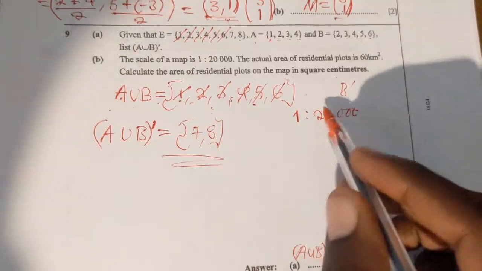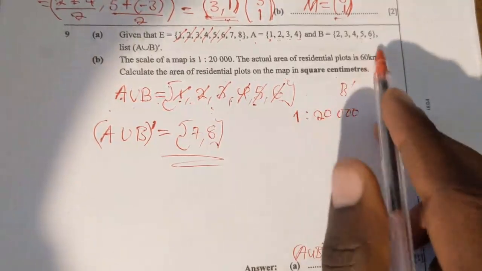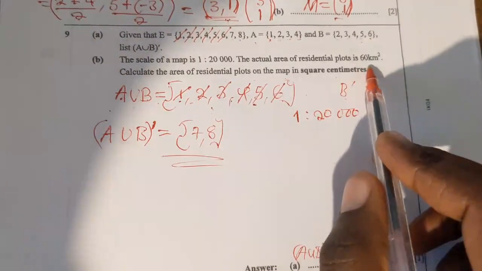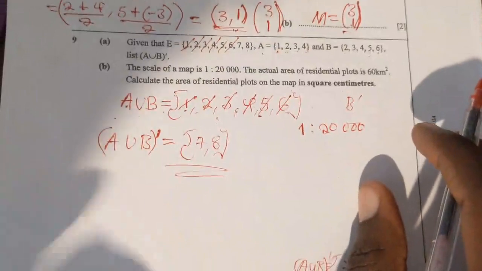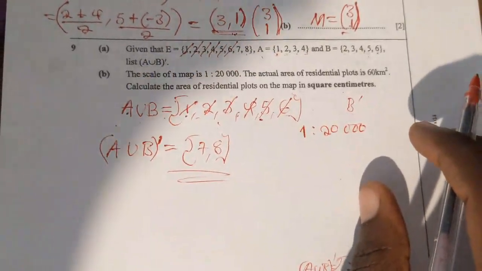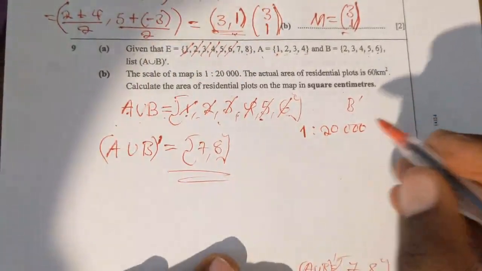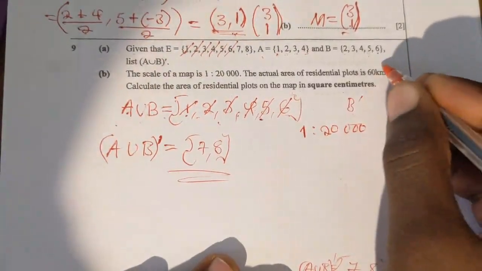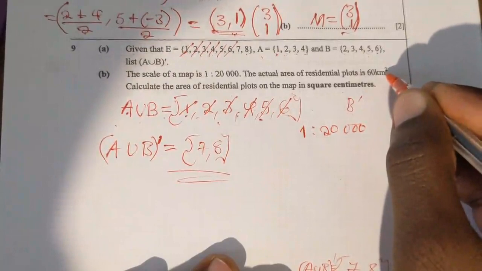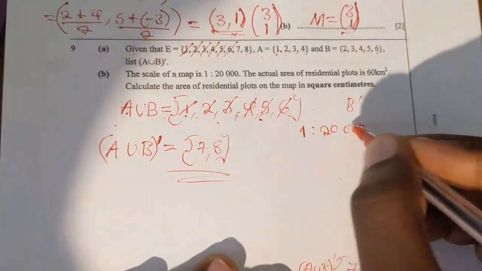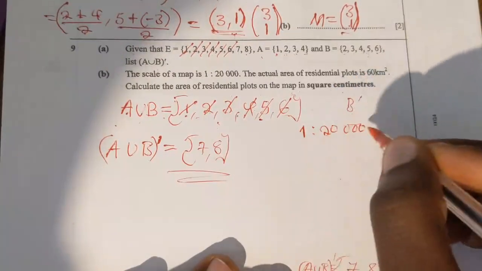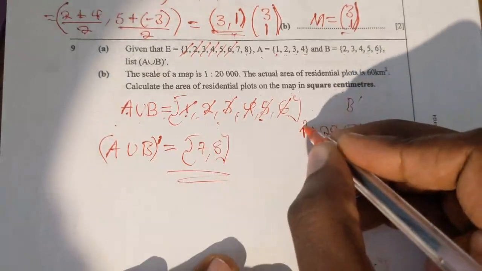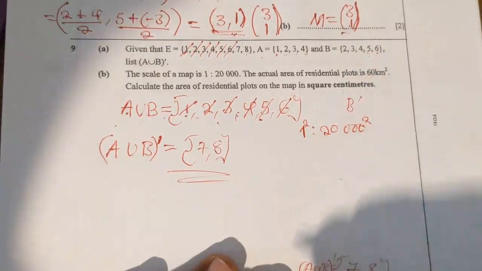If it was volume, you know that it is cubed, which is to the power 3. But since you have the area, you're supposed to put power 2 like that.